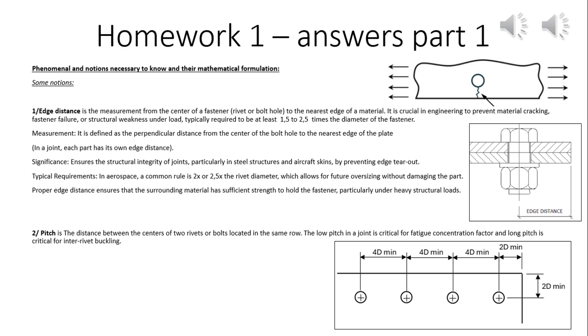Typical requirements in aerospace, a common rule is 2 times or 2.5 times the rivet diameter, which allows for future oversizing without damaging the part. Proper edge distance ensures that the surrounding material has sufficient strength to hold the fastener, particularly under heavy structural loads.